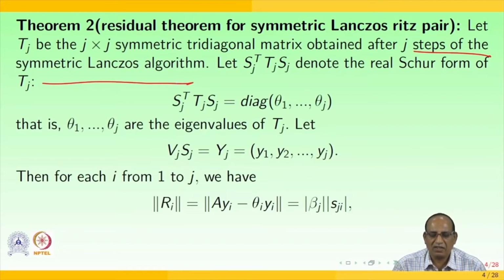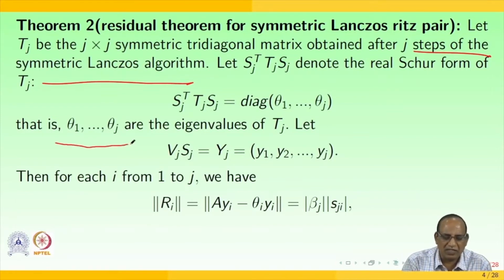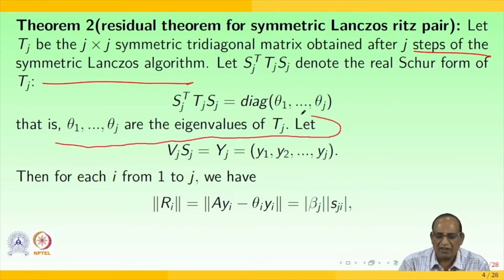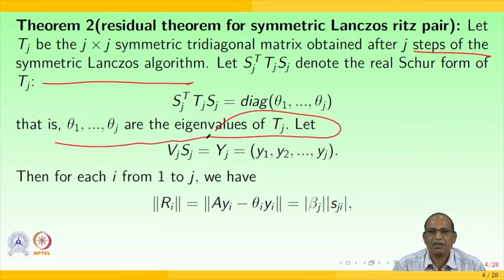Let S transpose Tj Sj denote the real Schur form of Tj, which is diagonal of theta 1, theta 2, up to theta j, that is, theta 1, theta 2, up to theta j are the eigenvalues of Tj.